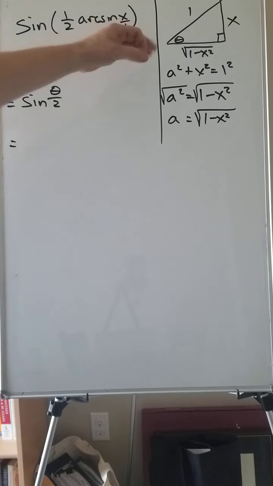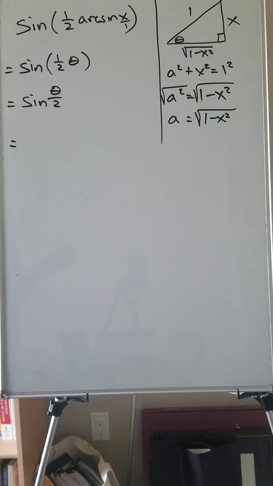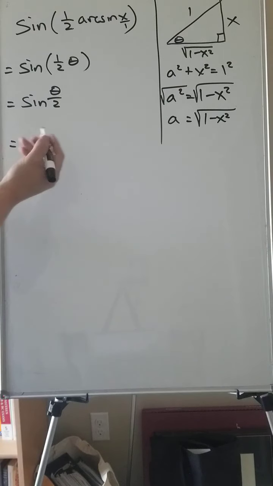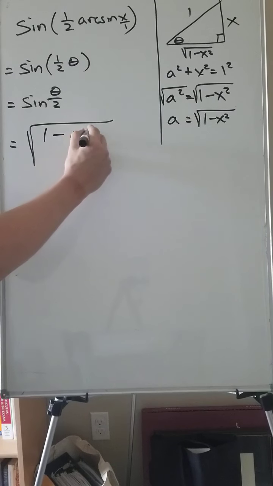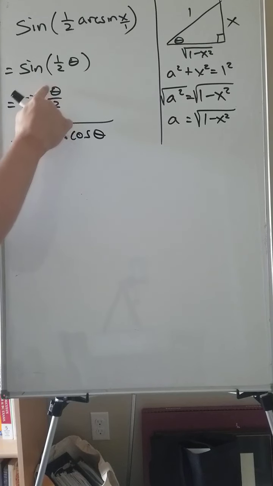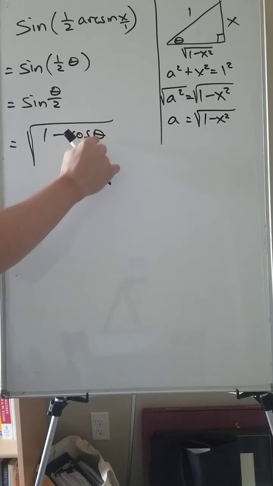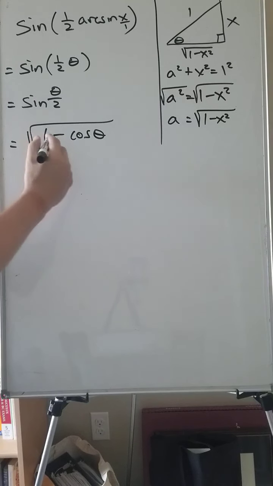Now, theta is some acute angle. If theta is already an acute angle, which means it's between 0 and 90, then theta over 2 is also between 0 and 90. So we're talking about something in the first quadrant. So it's the positive square root of, remember, 1 minus cosine of theta, over 2.